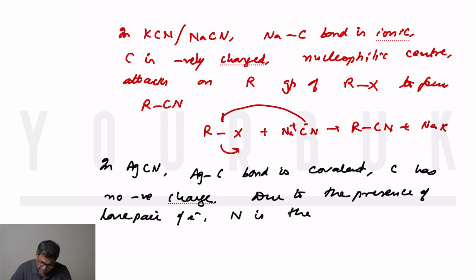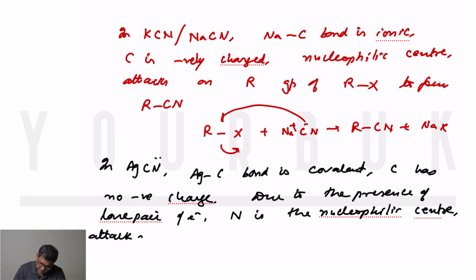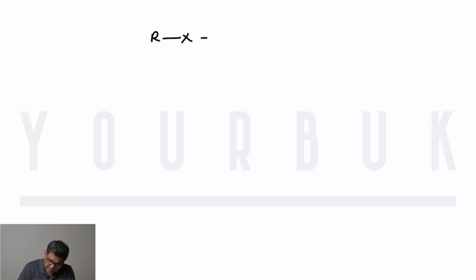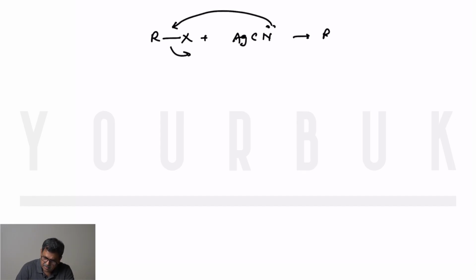So nitrogen has a lone pair, is the nucleophilic center. It attacks at the R group of RX to form isocyanide, like this. So this is RX, this is AgCN. So in this case, the attack is through nitrogen, not through carbon. So it gives you RNC plus AgX.